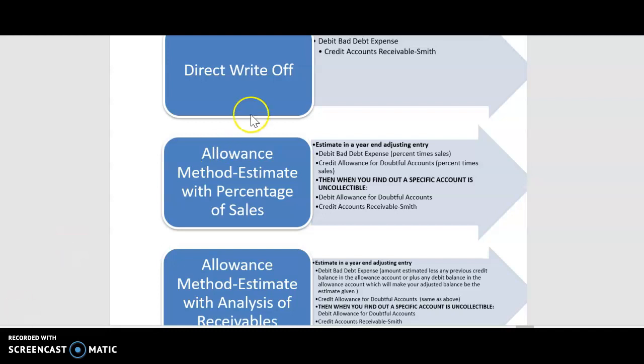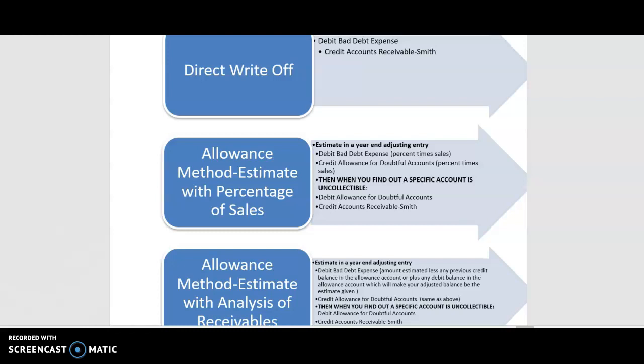So the first method is the direct write-off method. In this method, it's a wait and see approach. They just wait and see which customer is not going to pay them, and then at that time that they determine they are not going to get paid, they debit bad debt expense and they credit the customer's particular accounts receivable. And that is how it is written off.